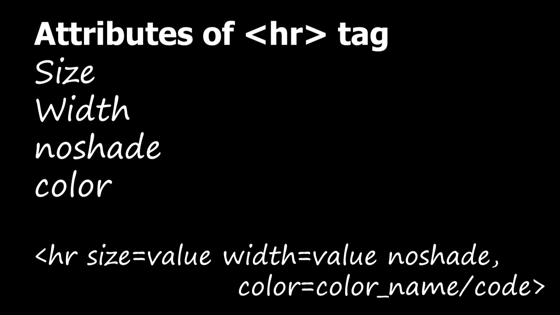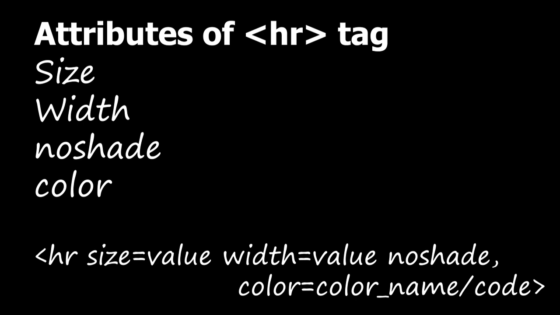Generally, 72 pixels means an inch. 1 inch is 72 pixels. Okay, a pixel is usually referred to as a point. It is a tiny dot, right? Why do they say it as pixel? It is picture element. Together we say it as pixel.